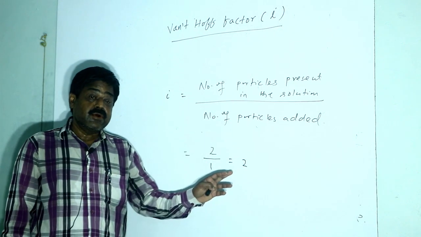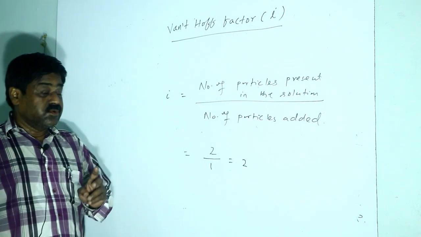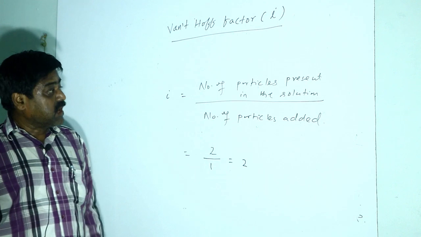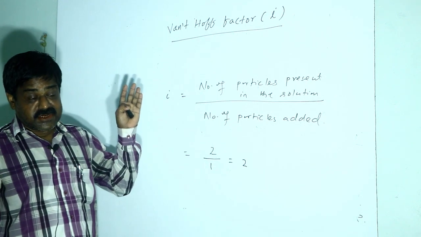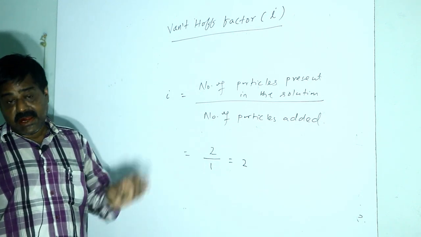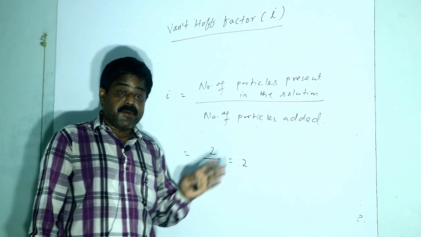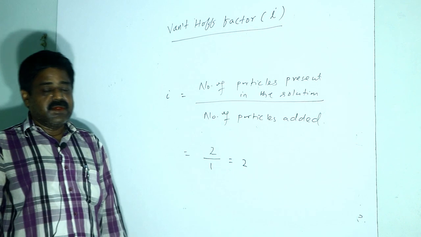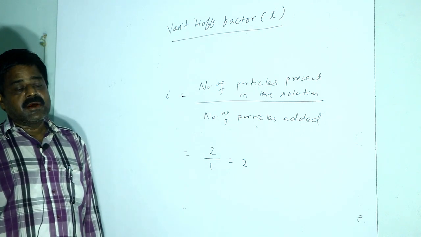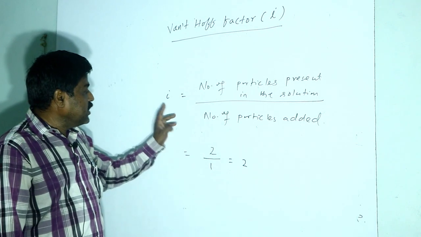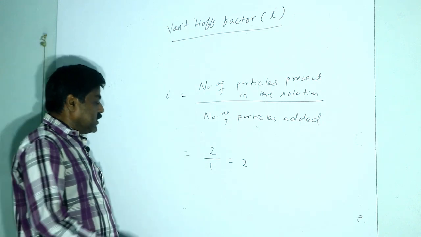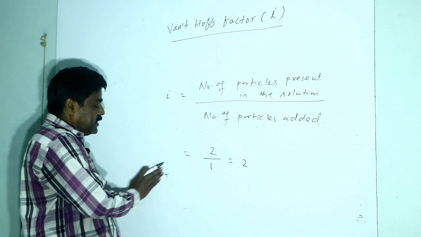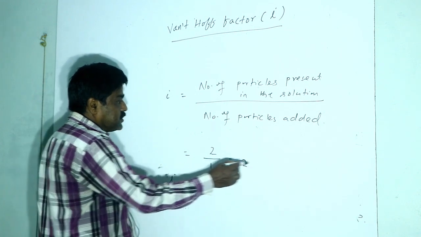Since the particles are dissociated, the molecular mass we calculate from the osmotic pressure data, elevation in boiling point data, lowering of vapor pressure data or freezing point data will be different from the actual molecular mass. Here i is equal to 2 for NaCl.